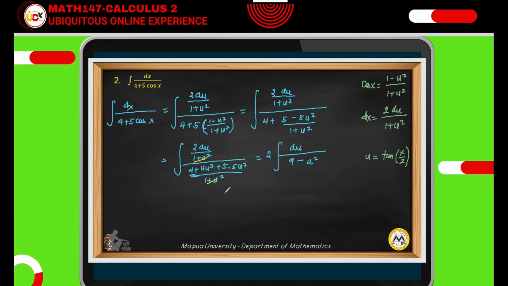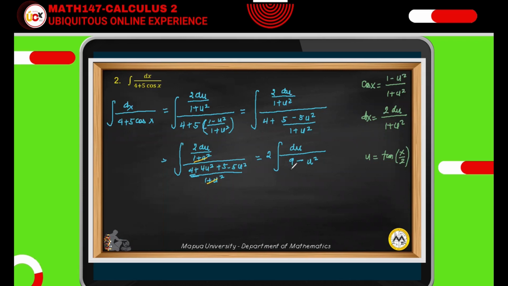So 4 plus 5 will give us 9, and 4u squared minus 5u squared is negative u squared. And you can see that the integral will lead to arc sine.